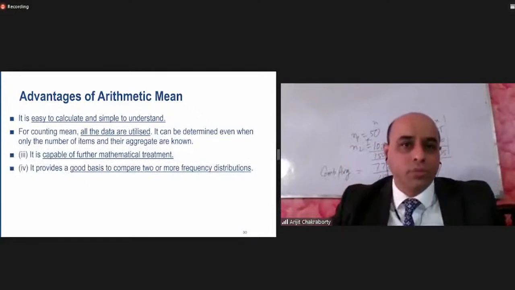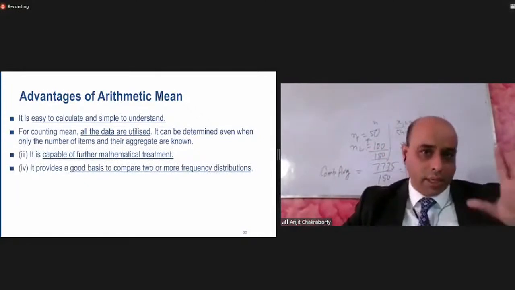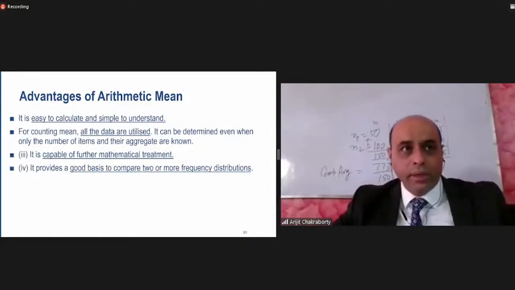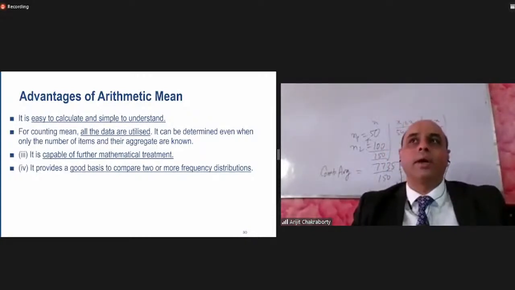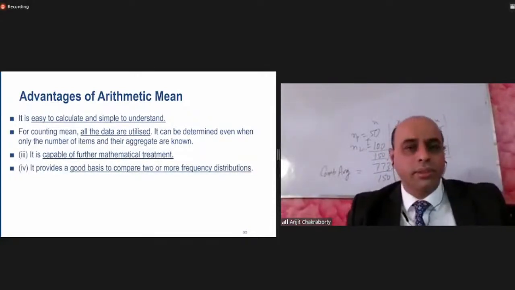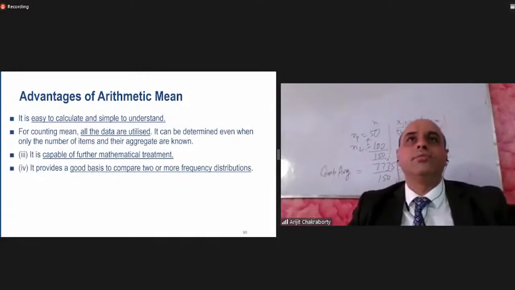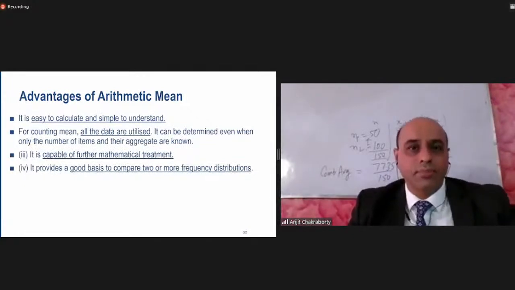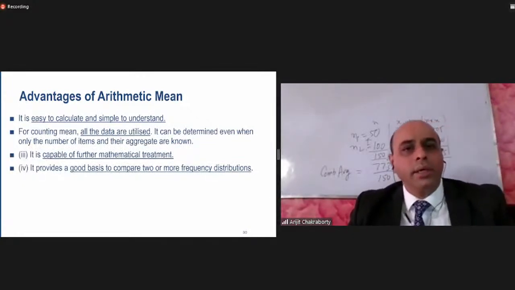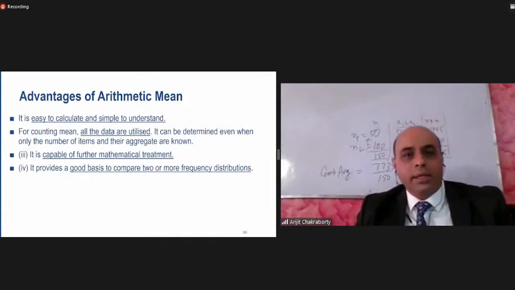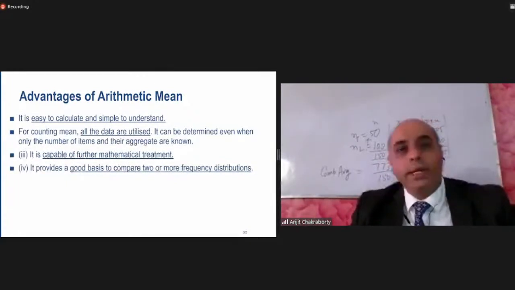For example, take section A and section B of a class in a school which has two sections per class. You find that in class 10, the average marks students have obtained in section A is, say, 71%, and in section B they have got 78%.